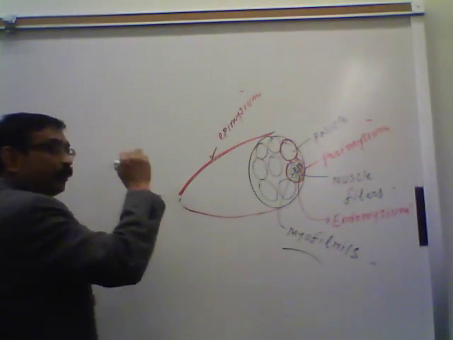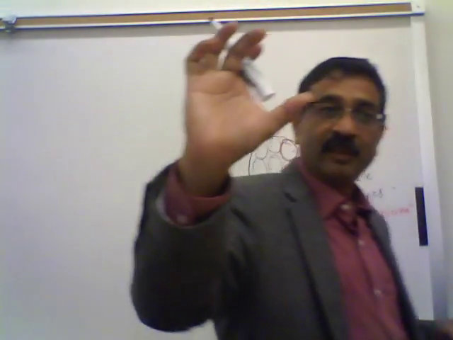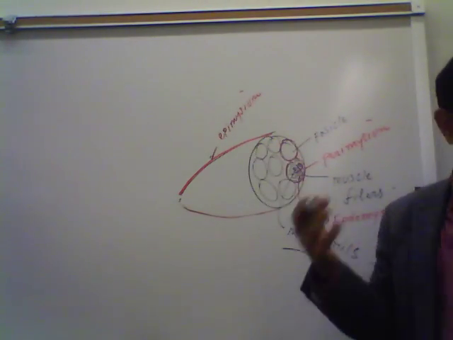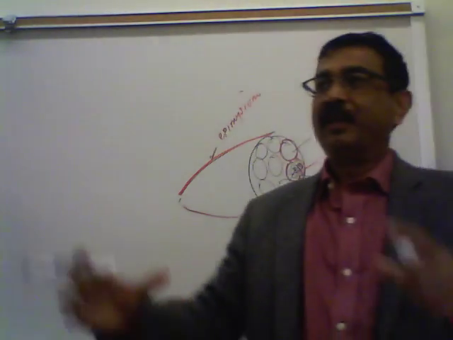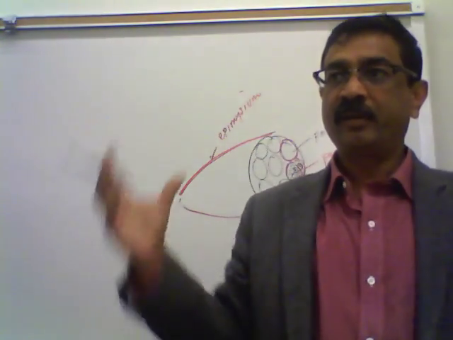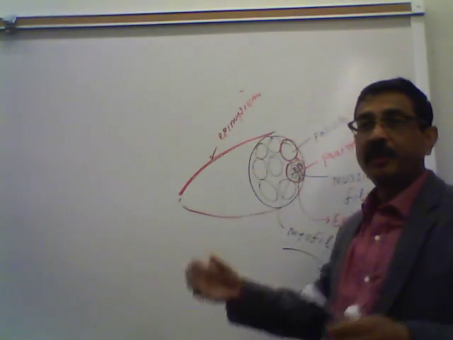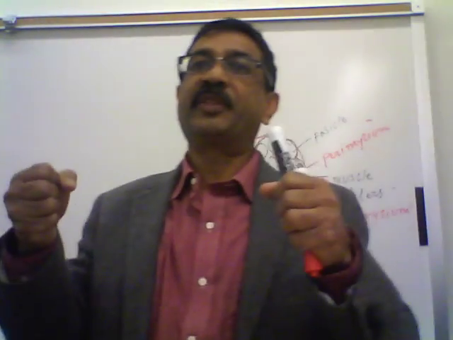So you see how beautifully the skeletal muscle is structured. Columns within columns, in simple way you can say, right? Smaller columns within bigger columns, and this kind of structure gives the muscle its strength.